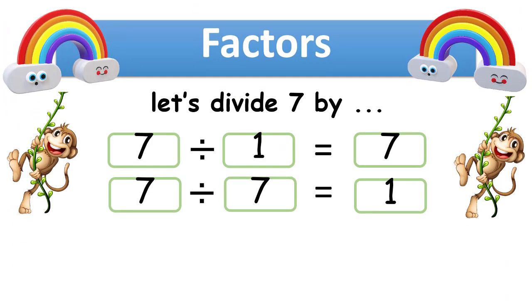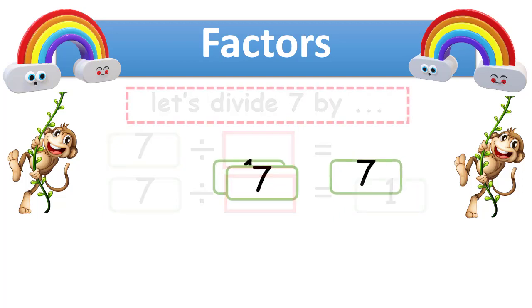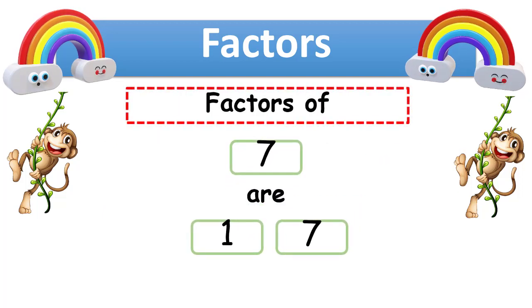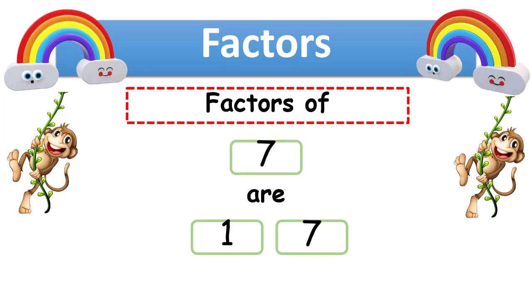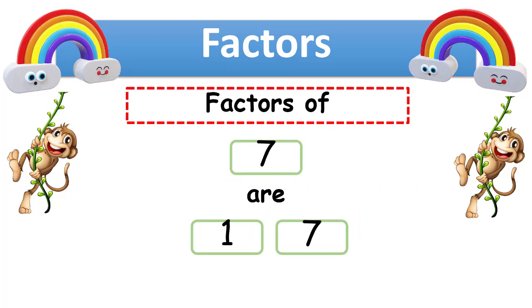Next. Let's divide 7 by the following numbers. 7 divided by 1. 7 divided by 7. So, the factors of 7 are 1 and 7. Excellent. Next.